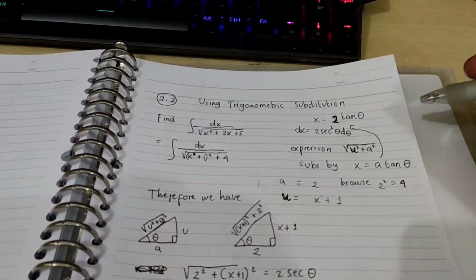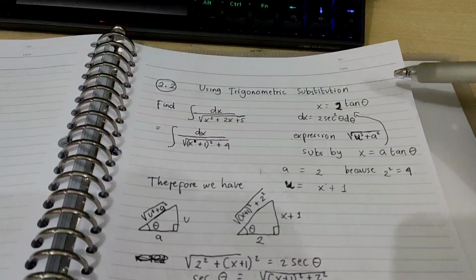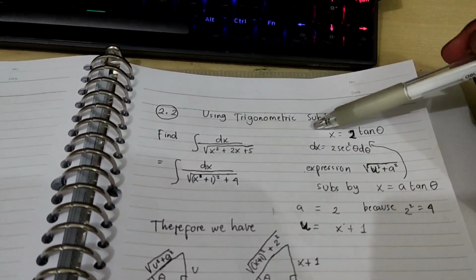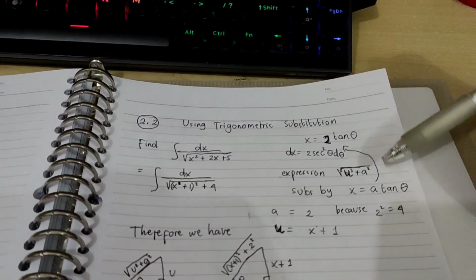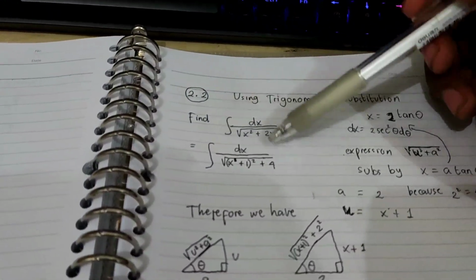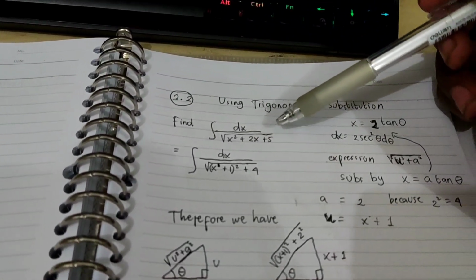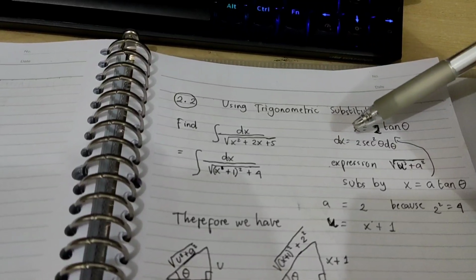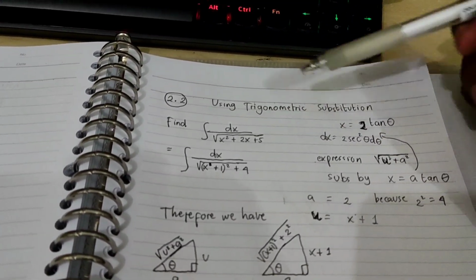So let's move to the second question, which is here. I'm going to try to explain number 2.2 using the trigonometric substitution method. We're going to find the integral of dx over square root of x squared plus 2x plus 5.